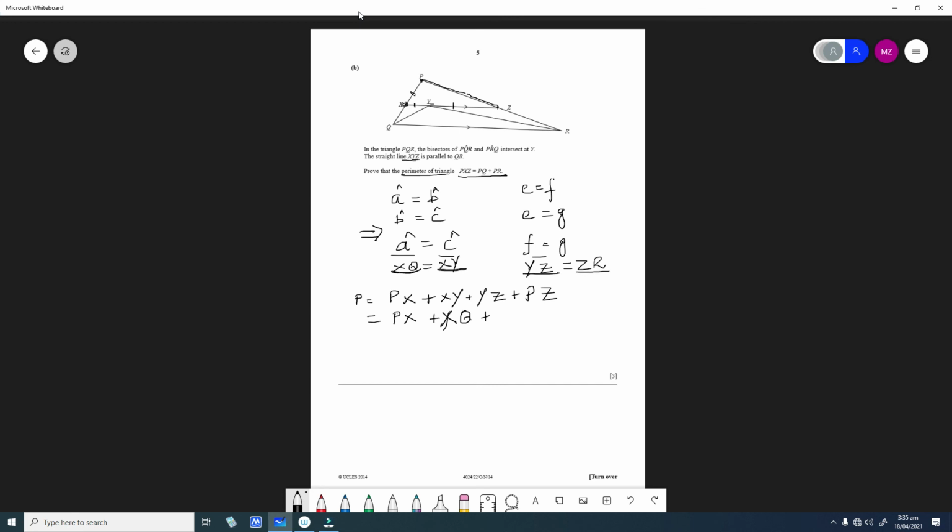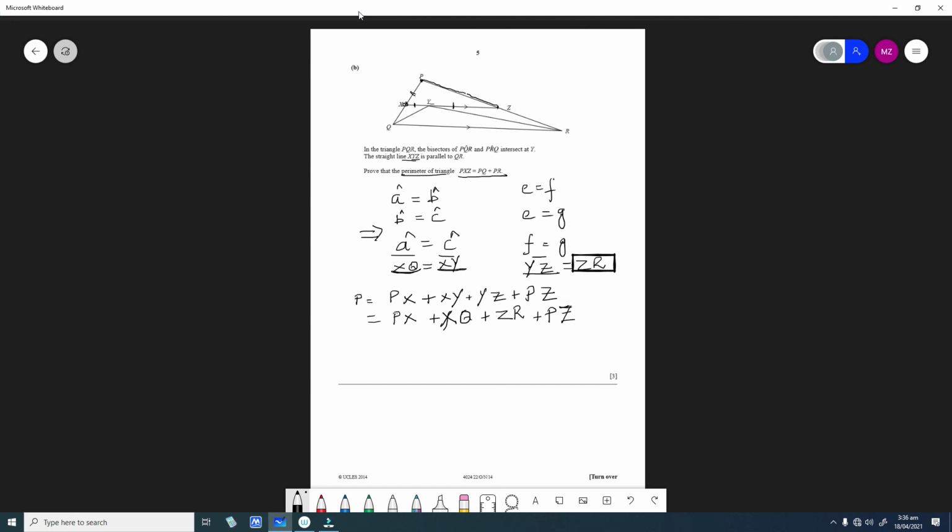So instead of YZ we will be replacing it with ZR, plus PZ, we will be leaving it as it is.